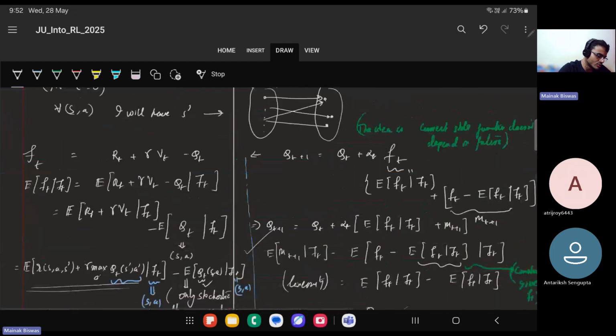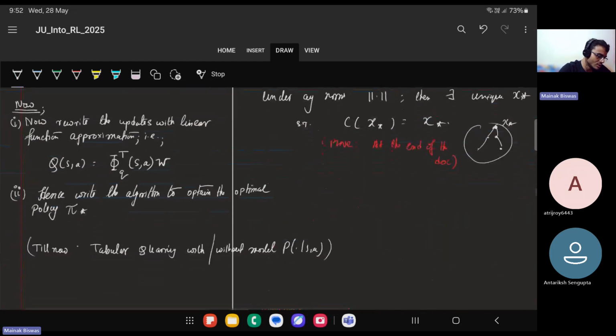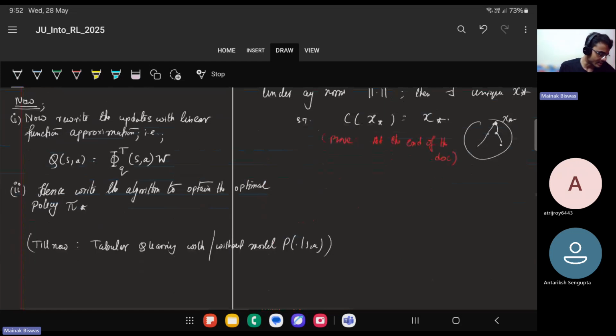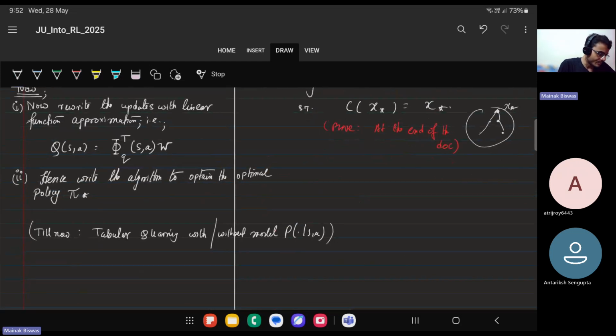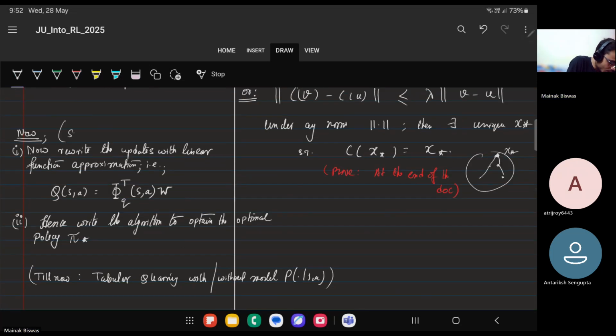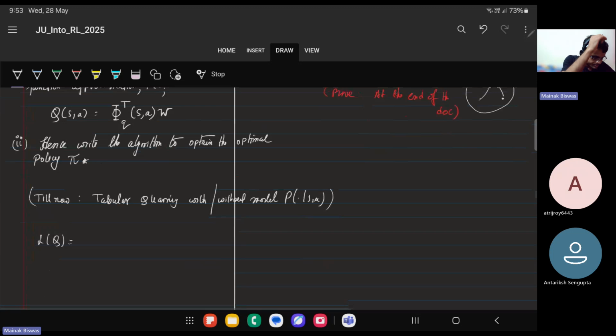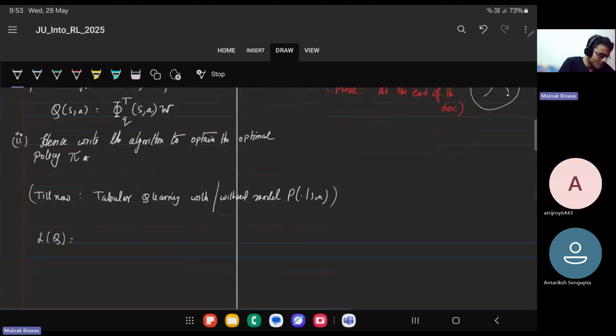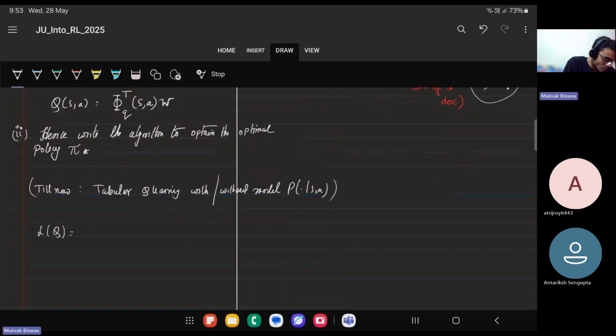So I will try to write down the Q-learning algorithm. Let's take this as the Q of S comma A. Now remember what the loss function was for the synchronous case, with linear function approximation. What was the Q-learning objective?